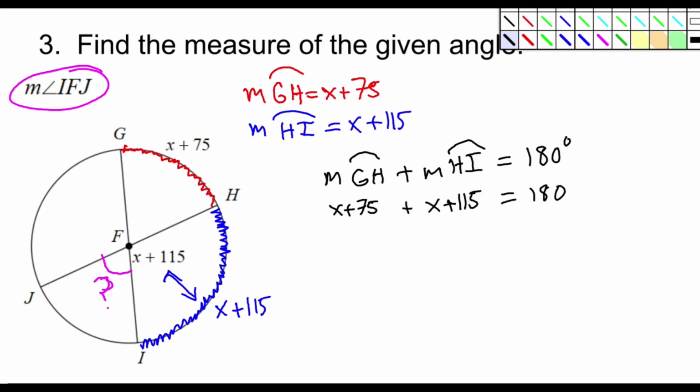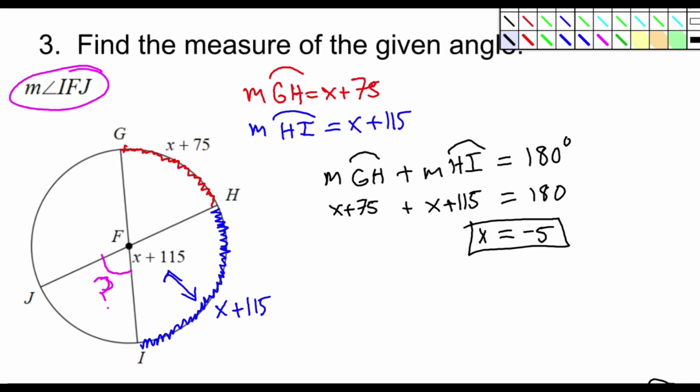Let's see how long it takes me to type this up. So x plus 75 plus x plus 115, just in case you guys are like, it's so much faster to do it by hand. I don't know, I'm done. My answer is x is equal to -5. And as long as I didn't type it in wrong, I know that'll work. All right, so there's my x value.